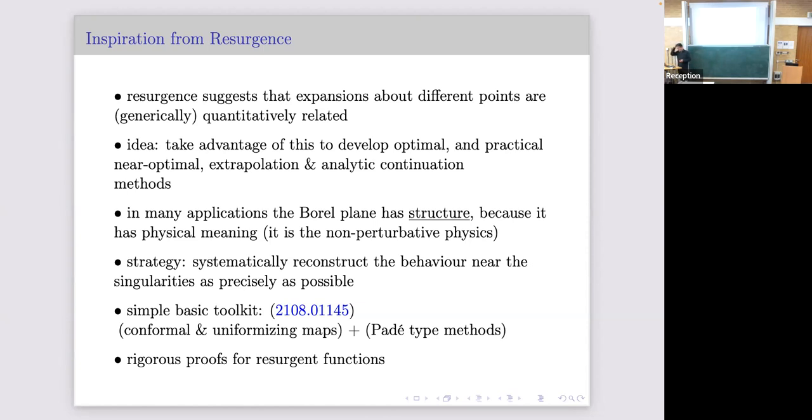And the basic toolkit is surprisingly simple. It's conformal maps, uniformizing maps, and some other variant methods. The other idea coming from Resurgence is that there are actually rigorous proofs here for the class of resurgent functions. I'm not going to talk about them today. There are a couple of recent seminars that Ovidiu has given talking about certain things. I'm going to talk about the practical implementation of this.